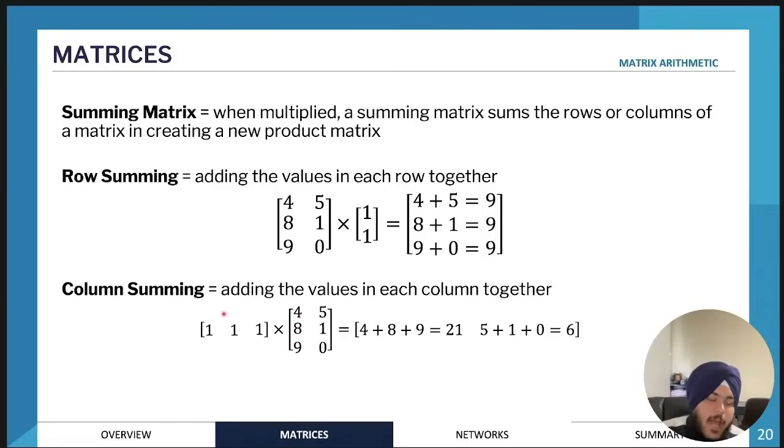So therefore, there will be 3 elements in the column summing matrix, or the row matrix, but only 1 row. And this time, the column summing matrix will need to be placed in front of the matrix that you want to add the columns for. So that's really important. Jot this down somewhere in your summary book, and you should be really good to go.